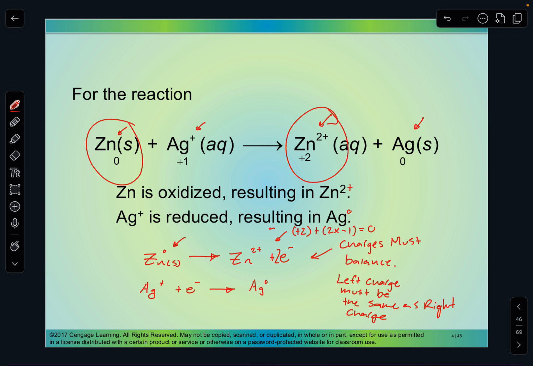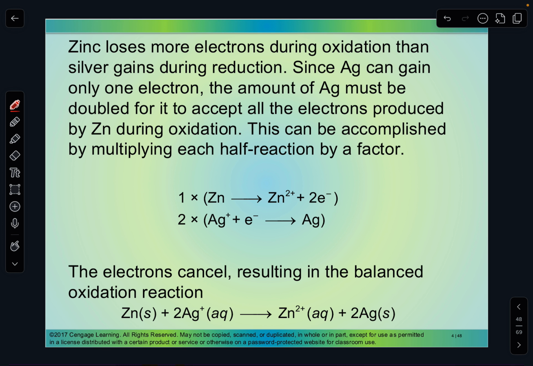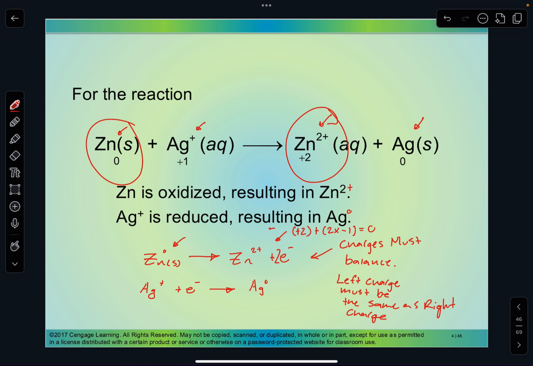Okay, and so what we're going to do next is we want to balance the half reaction by adding electrons to the more positive side, etc. And then we're going to go back here for a second, and I'll explain what that slide says. So we have 2 electrons. Once you've balanced each individual half reaction, you want to balance the entire reaction to match the other one in terms of electrons.